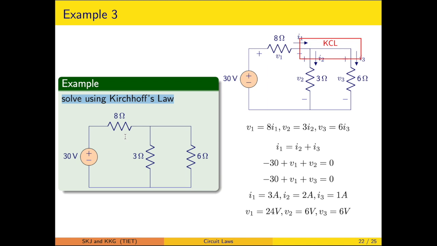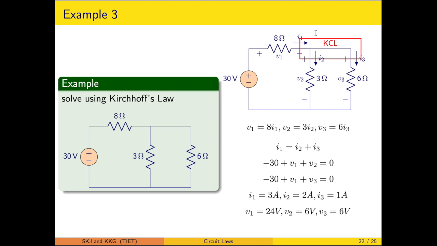Once the currents are assigned, you write V1, V2, V3 using Ohm's law. You also mark the voltage polarity. How is the polarity marked? The terminal to which the current is entering is marked positive. So let's say this is marked positive, and likewise for the others.